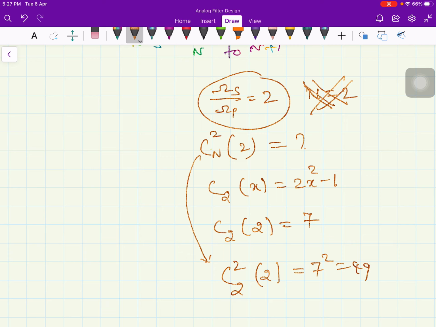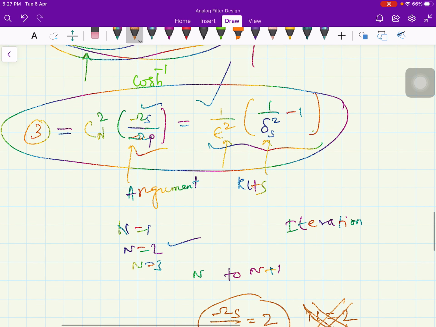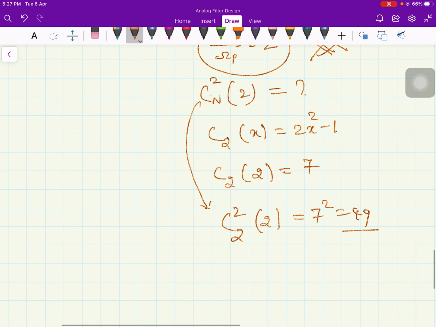So the right hand side may be 4 or 9, but in the left hand side you are getting 49. Let's say in this formula the right hand side is some value like 9, but in the left hand side you are getting 49. It may be 9 or 5, something like this.